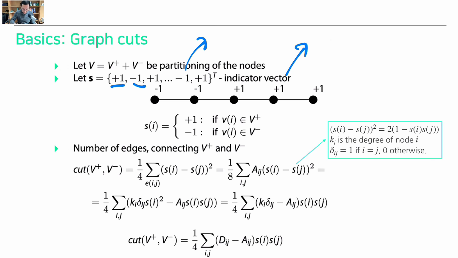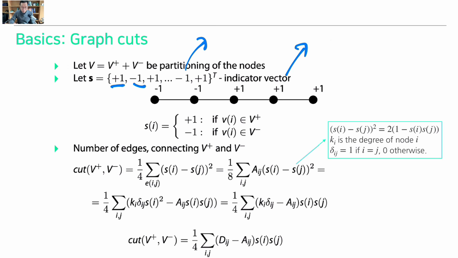Assume that we have 5 vertices, so each can be -1 or +1. The indicator vector represents the partition ID.